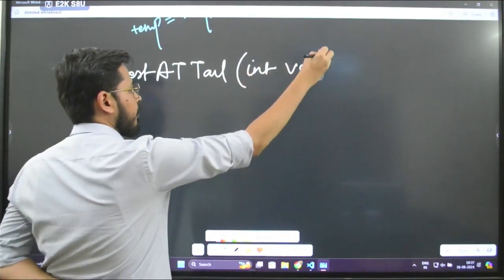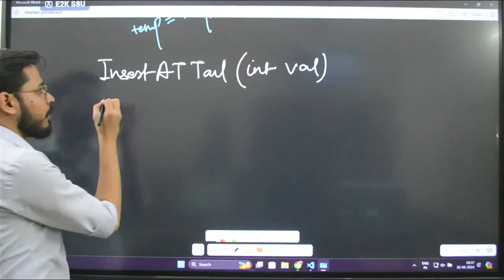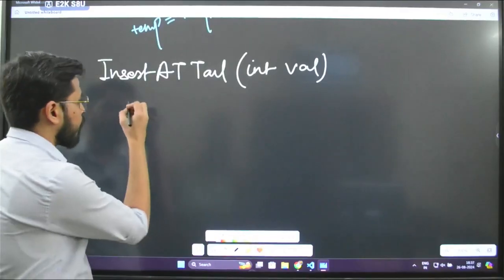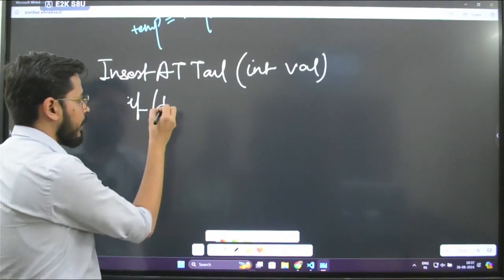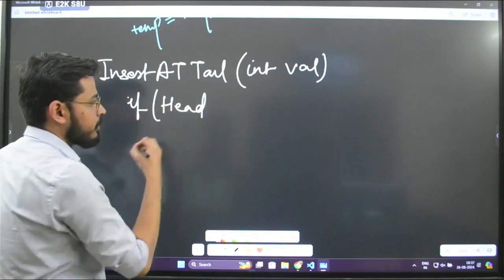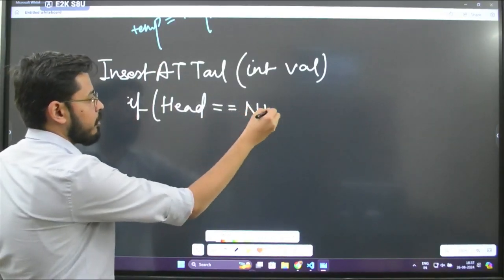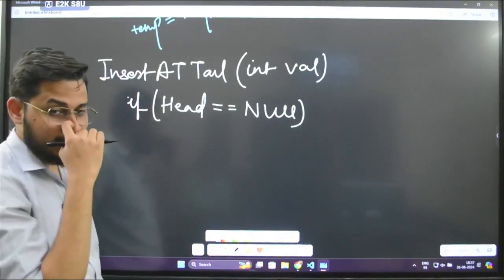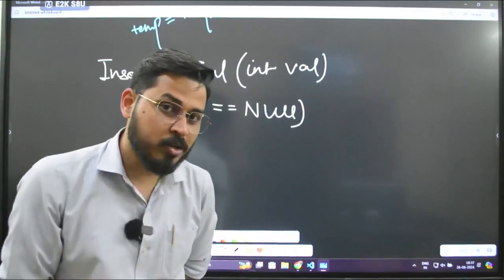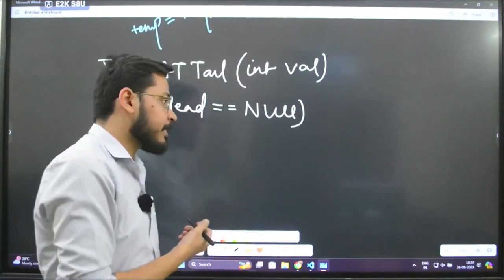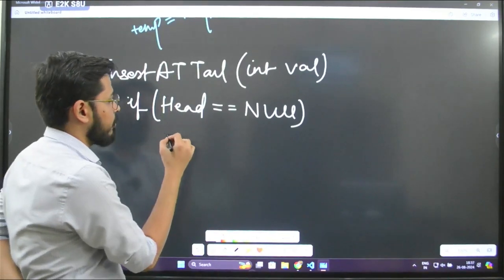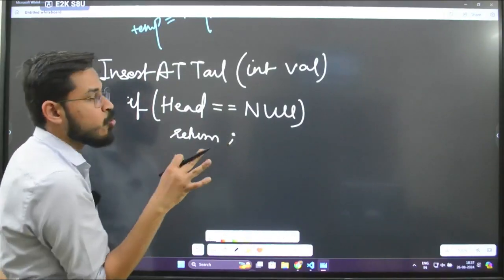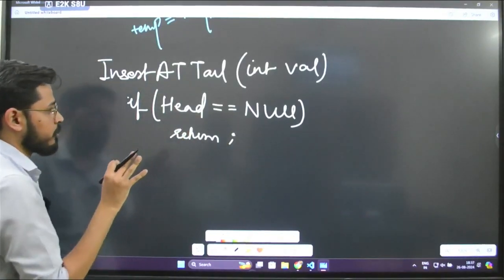I will create one more thing, the condition has to be checked, because if the head is equals to null, in that case the linked list doesn't exist, and if the linked list doesn't exist, that means there is no tail, and if there is no tail, there is no point of doing anything. In that case, you can just say return nothing. Do nothing, you just come out of the function.